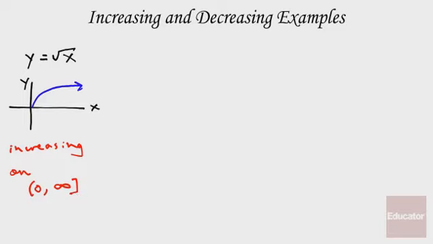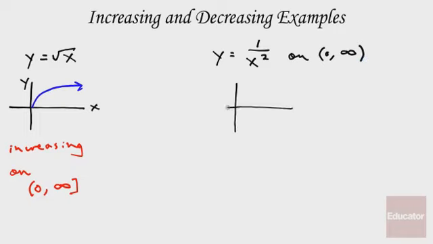Okay. As another example, let's look at y equals 1 over x squared on the interval 0 to infinity. 1 over x squared has two branches to it, but I'm just going to look at the branch on 0 to infinity. And I'll draw, again, a rough hand-drawn sketch of this thing.